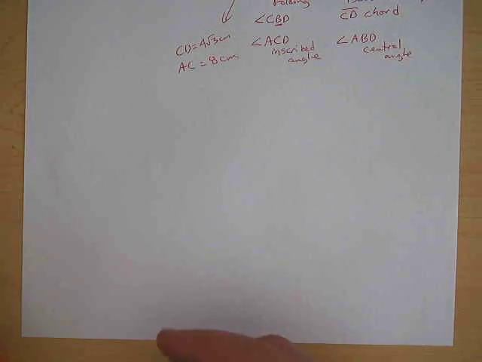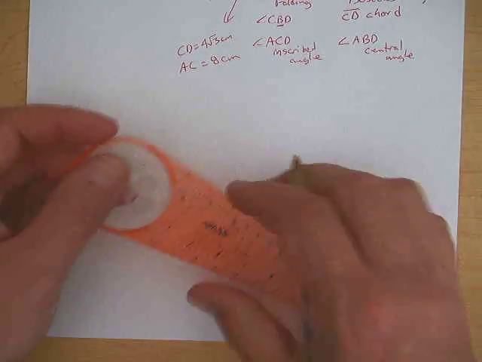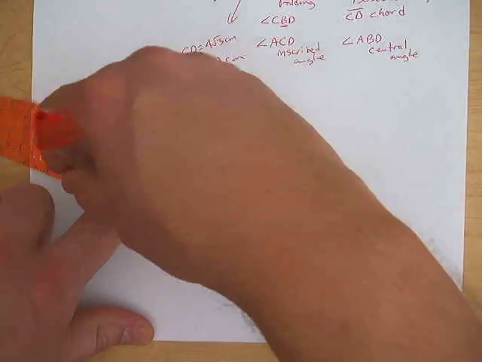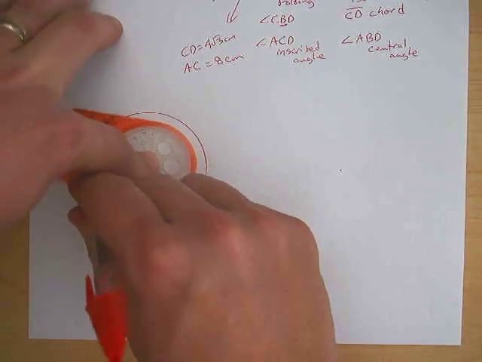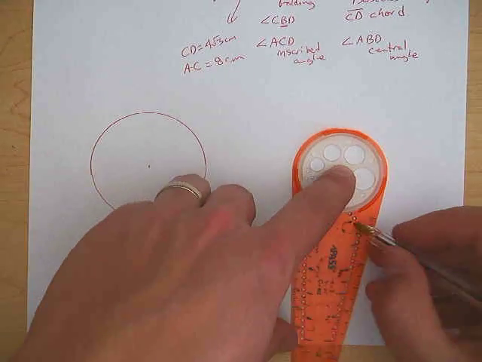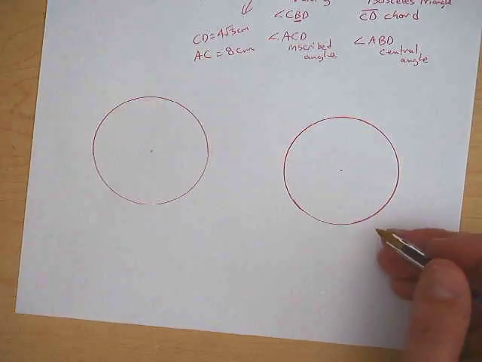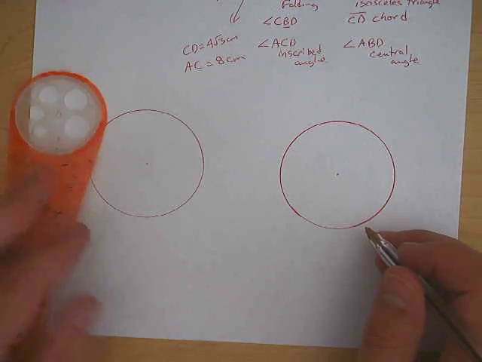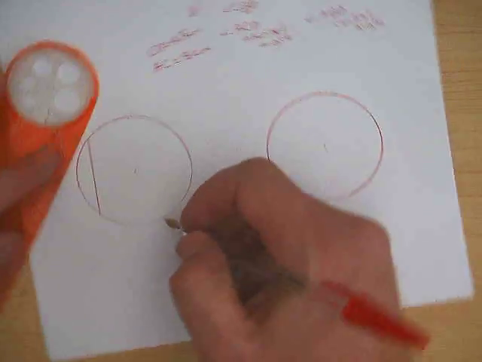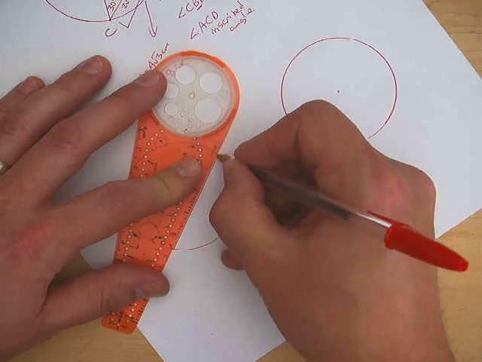Okay, now I'm going to construct, sorry about the blurriness here, another circle, actually a couple more circles. These circles don't have to be big. All right, so I'm going to make myself an inscribed quadrilateral.